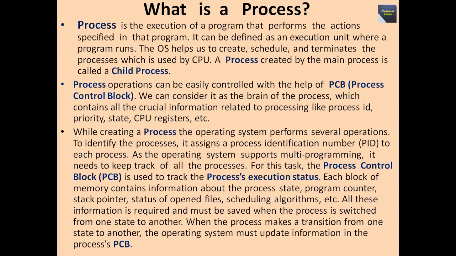A process created by the main process is called a child process. Okay? Process operations can be easily controlled with the help of PCB. We can consider it as the brain of the process, which contains all the crucial information related to processing like process ID, priority, state, CPU register, etc.